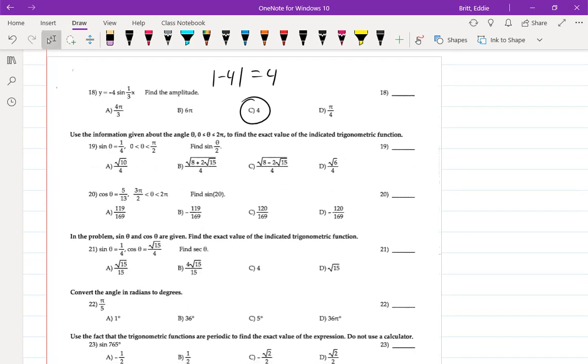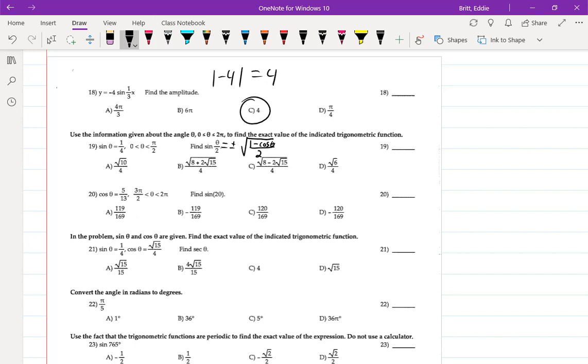Now, number 19, this is a half-angle problem, so we have to make sure we have the right formula down. The formula is plus or minus the square root of 1 minus cosine theta all over 2. So you get that from your formula sheet. Now, first we need to know where theta over 2 is located.